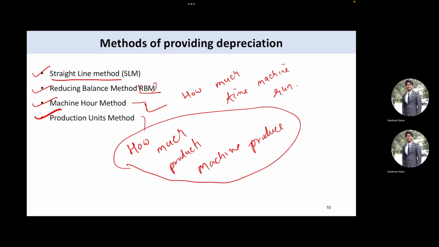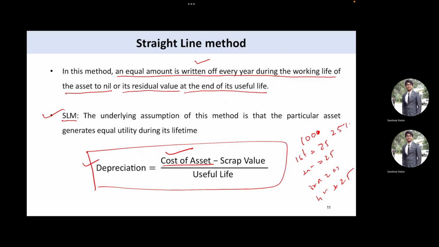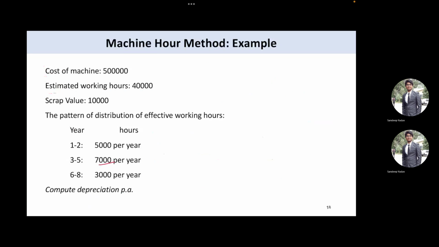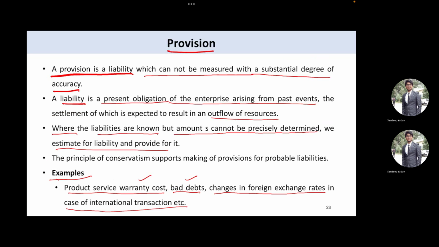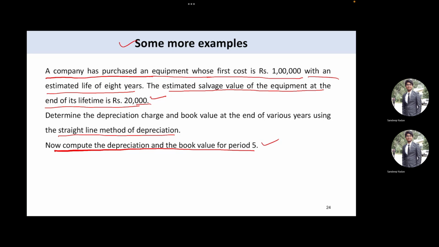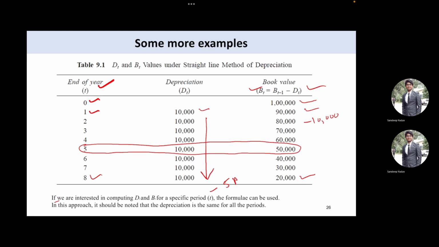We have learned all four methods: straight line depreciation, reducing balance depreciation, machine hour method, and the production unit method. We have solved examples for each case. Apart from that, we have learned one thing called a provision, and we have done a few more examples related to depreciation.